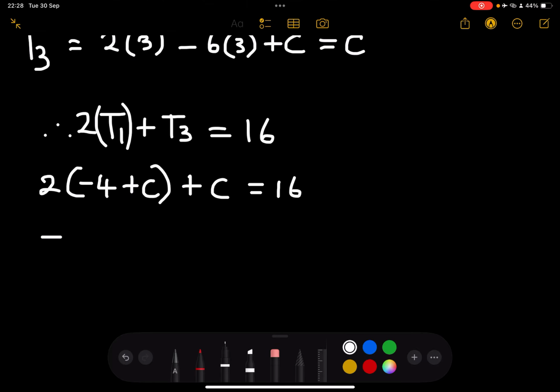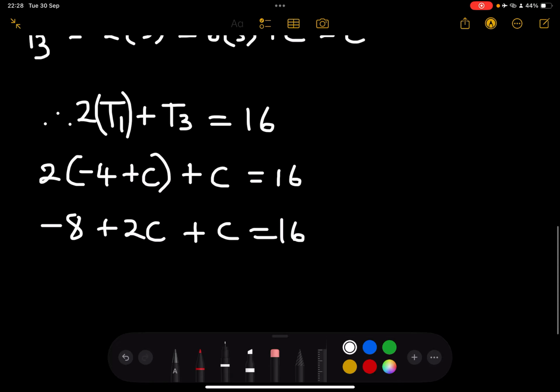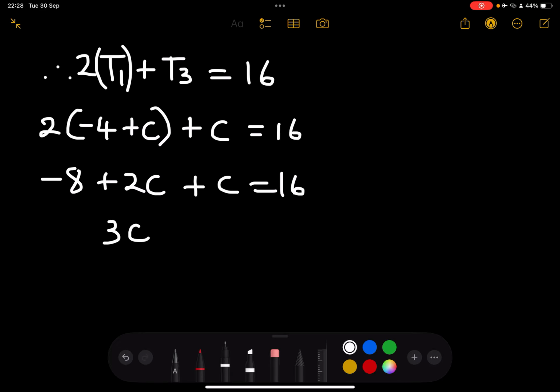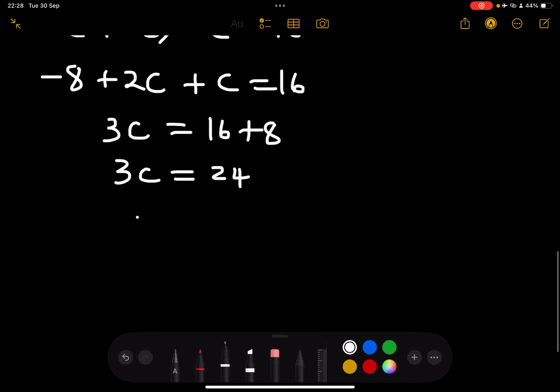Then expanding, it's minus 8 plus 2c plus c equals 16. Then we have 3c equals 16 plus 8, so 3c equals 24. Then c equals 8.